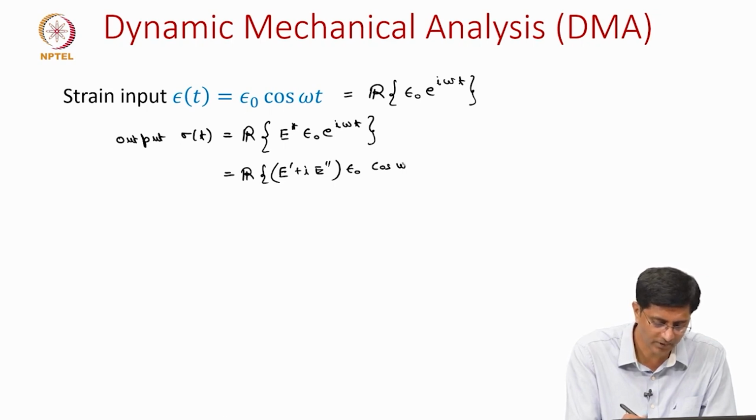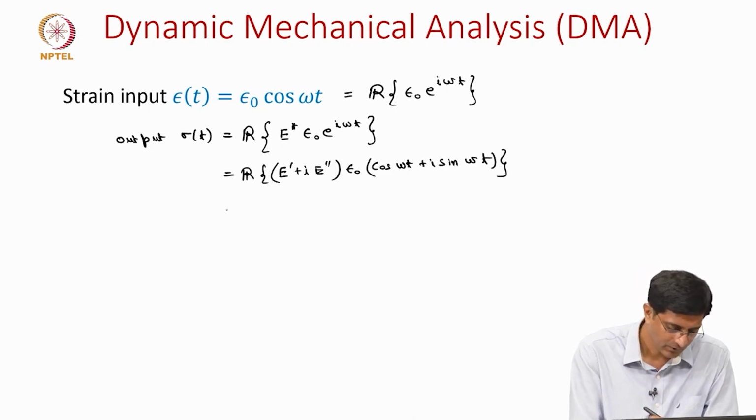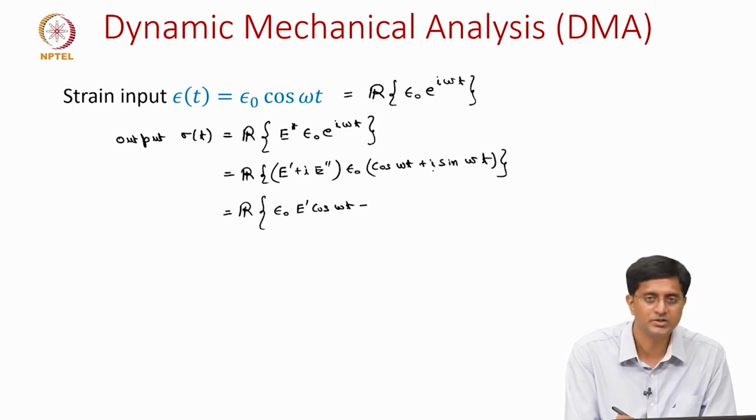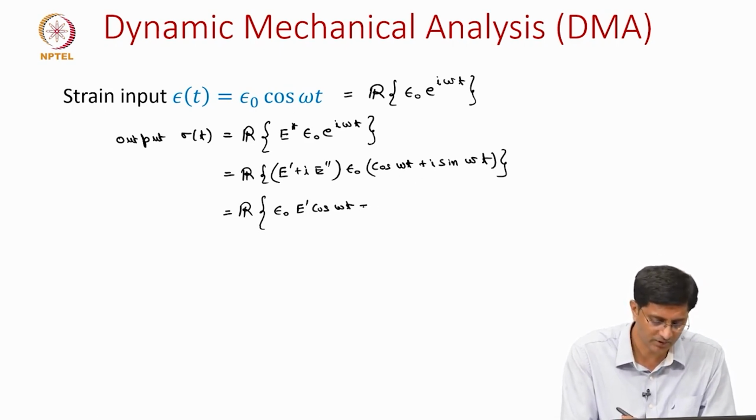It is cos omega t plus i sin omega t. So, once I multiply it, epsilon naught will be a constant, E dash times cos omega t minus, because i times i is i squared, which is minus 1, so we get this minus times E double dash sin omega t.